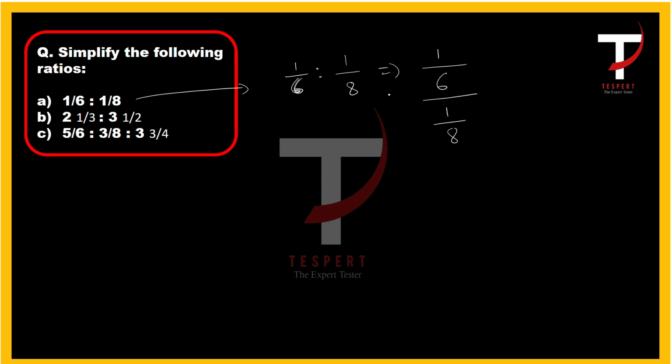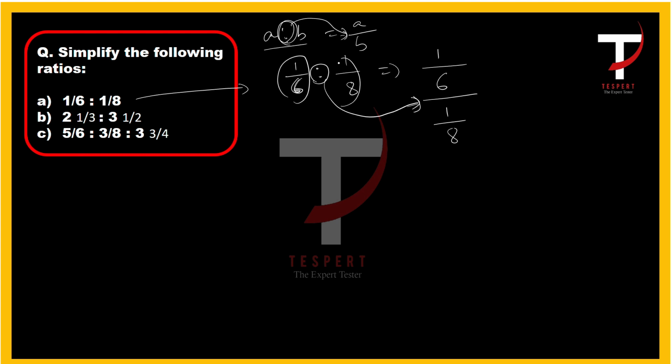If we write any ratio like A is to B, then the meaning of this is A by B. Instead of writing is to, we write divided by. In the same way, we can divide these two ratios.